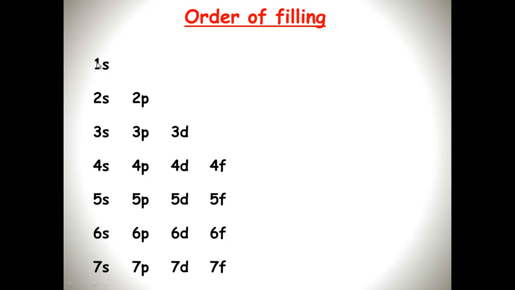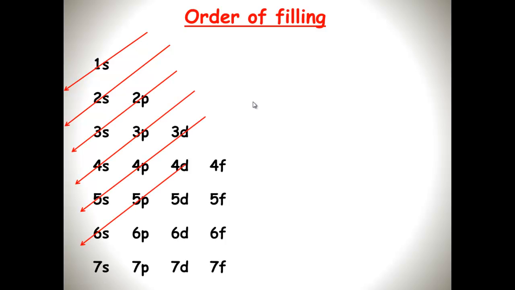Write these down in order, so you know that there's 1s in the first shell, 2s, 2p in the 2nd shell, 3s, 3p, 3d in the 3rd shell, 4s, 4p, 4d, 4f in the 4th shell, and you've got the spdf, spdf, and it just continues onwards like that. So make sure you write them nice and neatly in straight lines like this. Then you can draw arrows through in a diagonal way, as I've just done here.